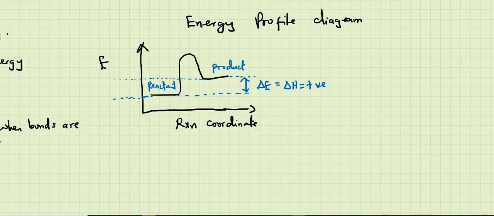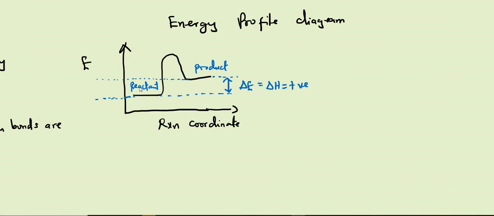So energy of products minus energy of reactants will give us a positive value. That is why I describe this reaction to be endothermic. So this is the energy profile diagram for endothermic reaction.